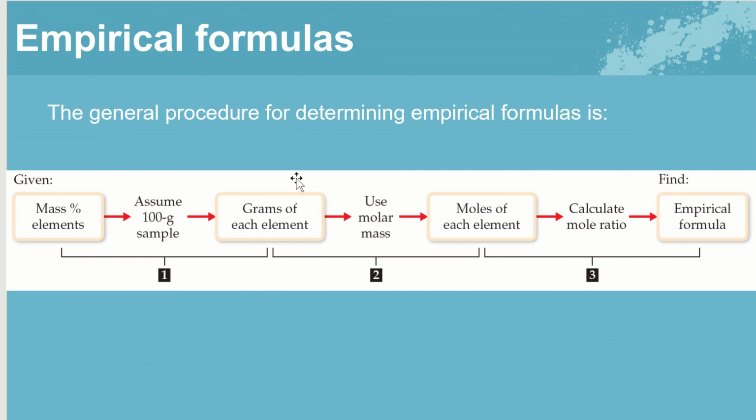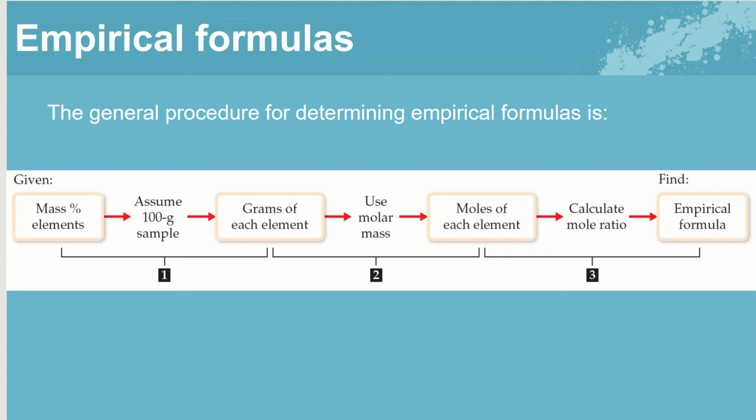Step 2 says we convert the grams to moles, as we saw, and to do that we need the molar mass. Once we have the moles, that leads us to step 3, which means we calculate the mole ratio, and so we get our empirical formula.